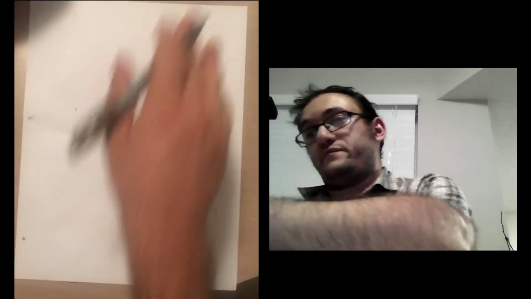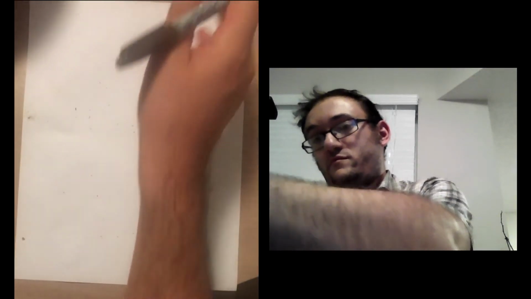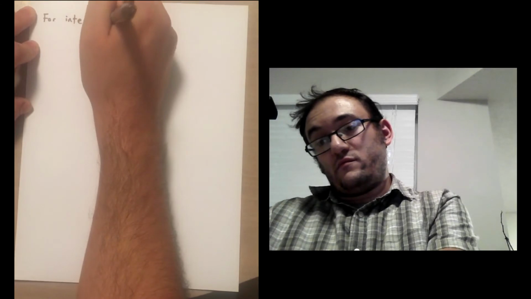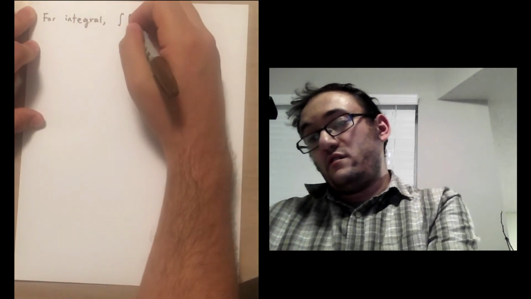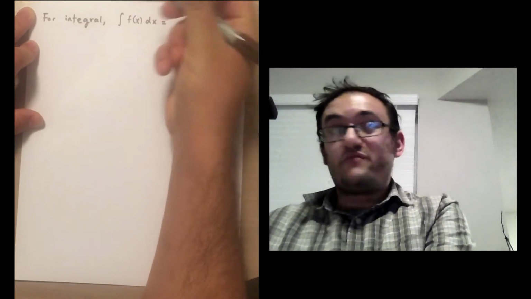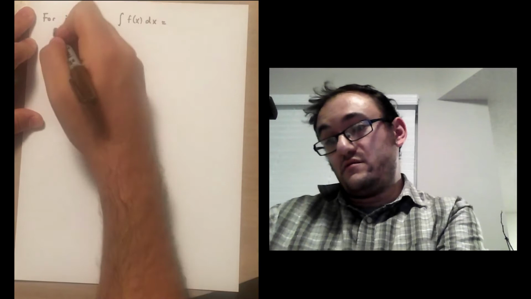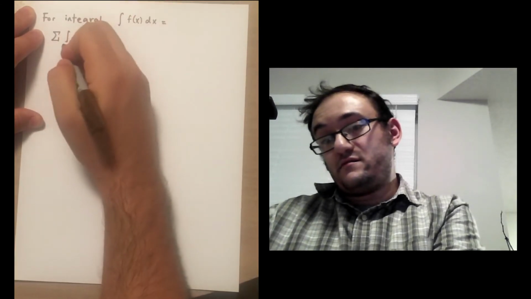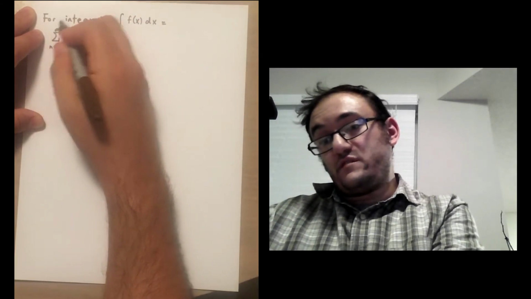How about integrals? For the integral, we take the integral of f of x dx to be equal to, once again, just the sum of the integrals of all of those terms. The sum of the integral of c sub n x minus a to the n dx, and n goes from 0 to infinity.